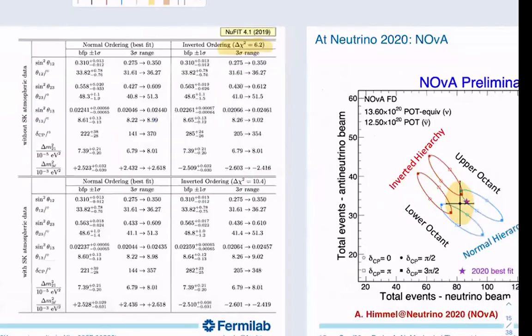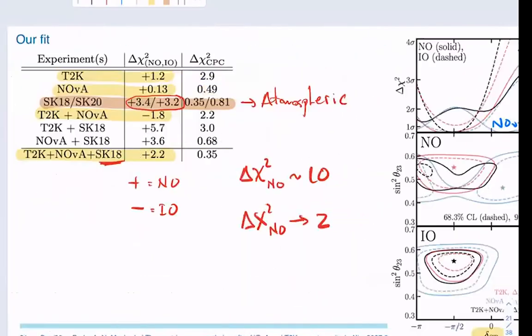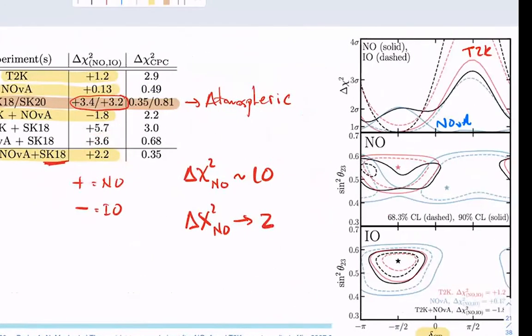And now you have a delta chi-square of about 2 in favor of normal. That's mostly what is happening here. Sorry, I thought I said 6. It's actually 10, because here I'm comparing with atmospheric. So the right comparison is 10 to 2, or 6 to minus 2. This is without atmospherics.